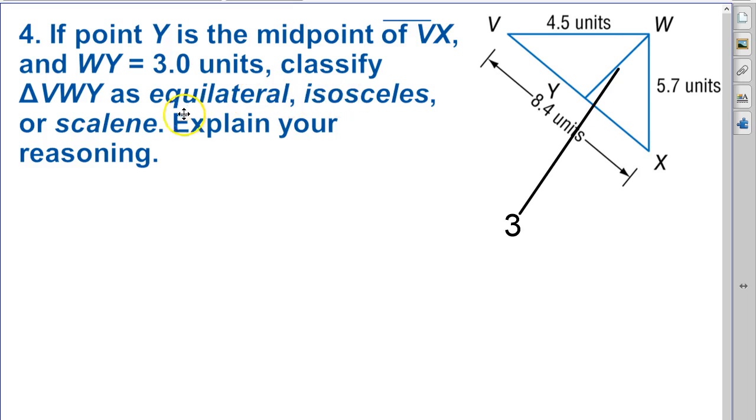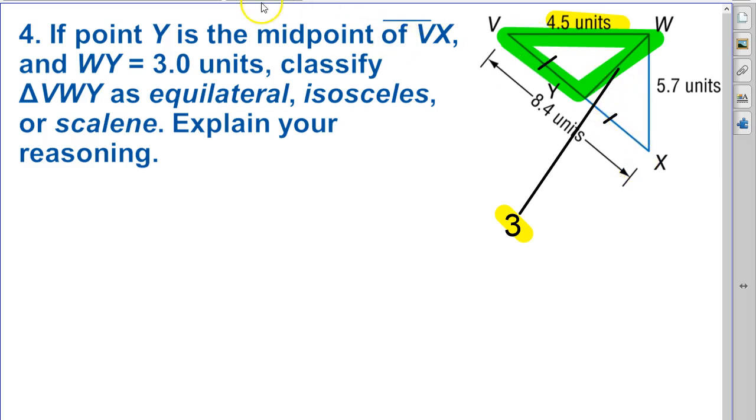So it can only be isosceles or scalene, because I'm looking at this figure here. I already know this side is 3, I know this one's 4.5. And then they tell us in the given that Y is the midpoint of VX. That means this has to be bisected, or those are going to have to be congruent, however you want to think of it.